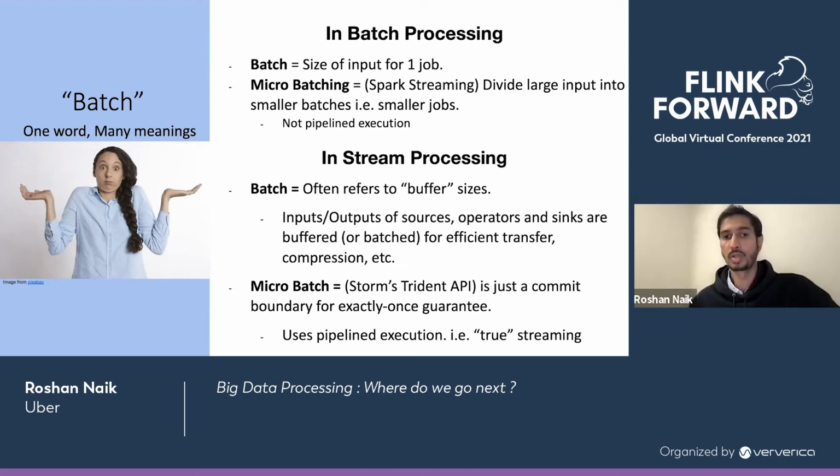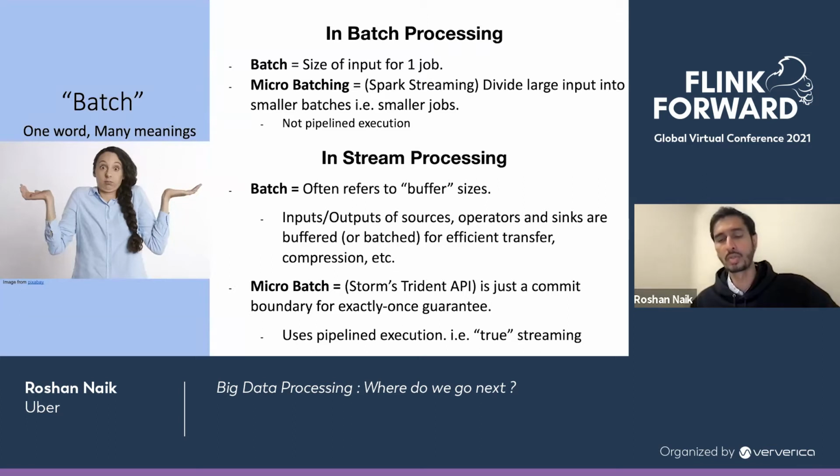In the world of stream processing, the word batch may refer to, for example, the buffer size being used to exchange data between operators. Or it could also mean the size of the input in case it's a bounded input.